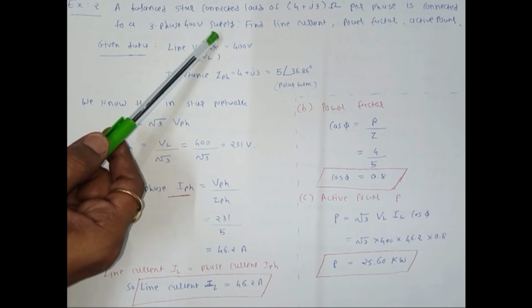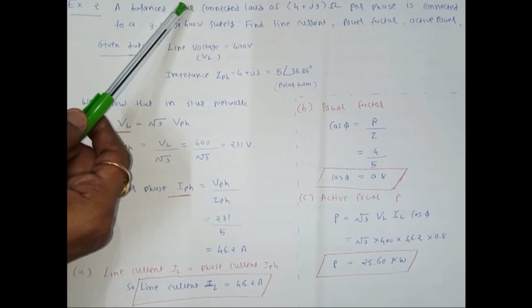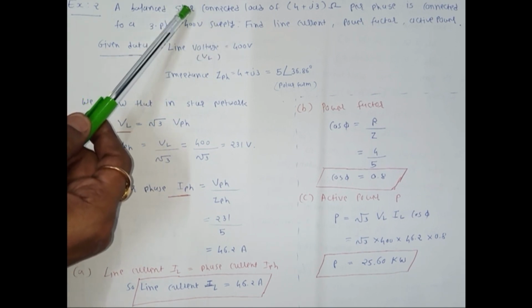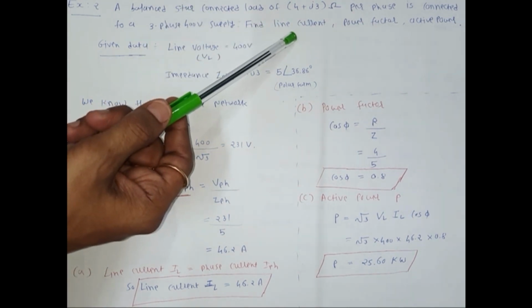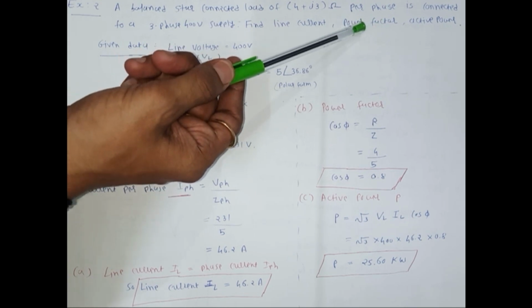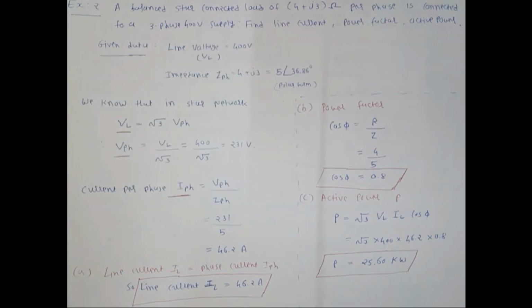So this is an example of a star connected network. The previous example was a delta connected network. Find line current, power factor and active power.